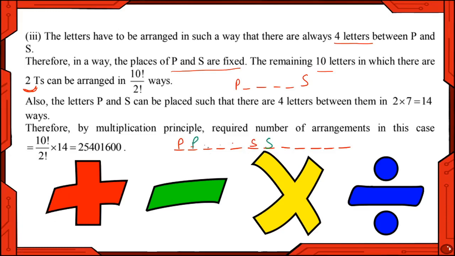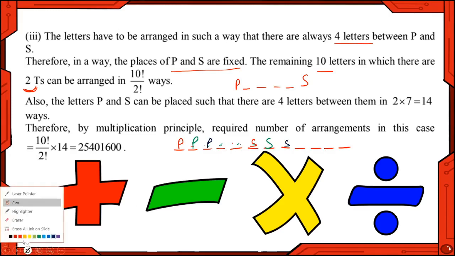Then also we have 4, 1, 2, 3, and 4 letters in between. Now next number can be P is here, S is here. Right, 1, 2, 3, 4 letters in between. So this way, how many possibilities we can have? We can have, see, 1, 2, 3, 4, 5, 6, and 7. 7 possibilities, right?